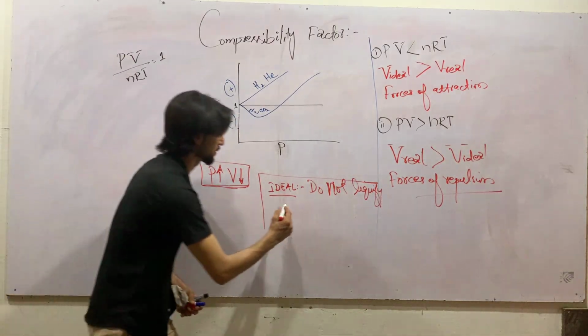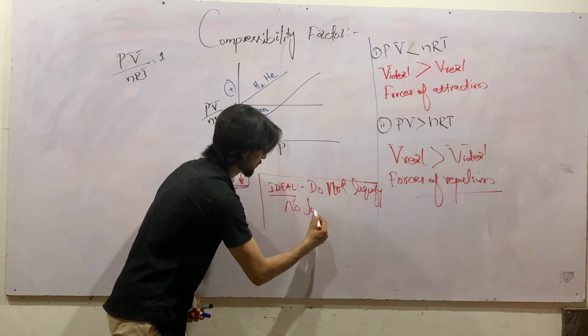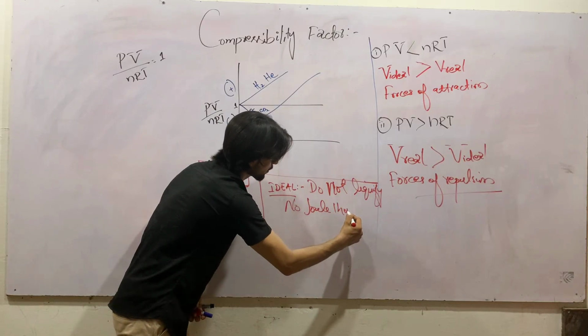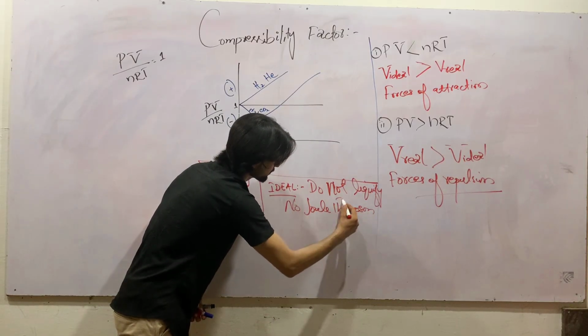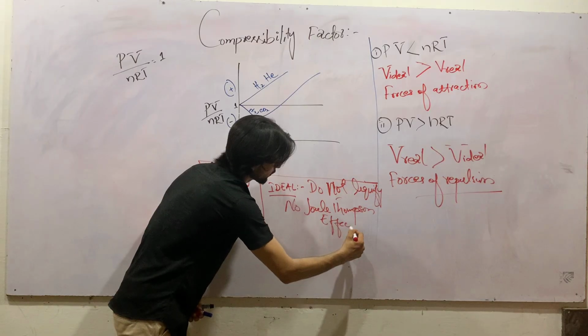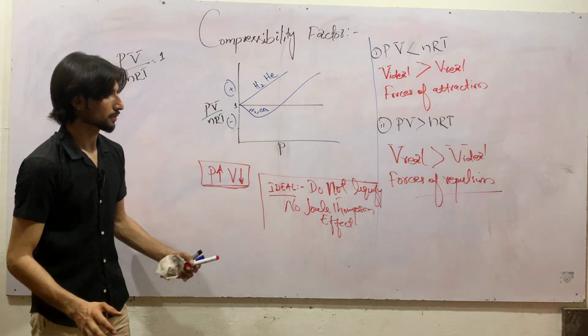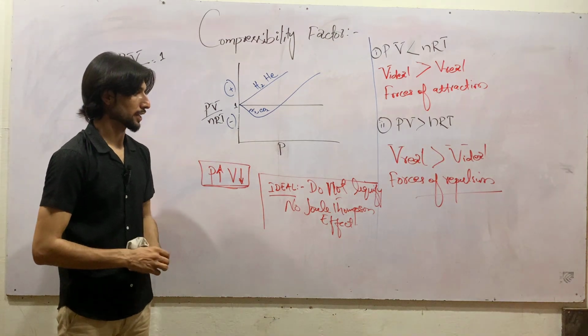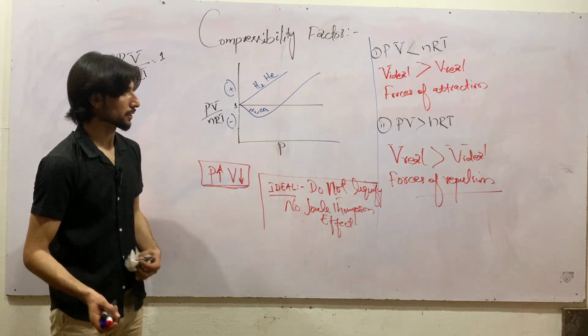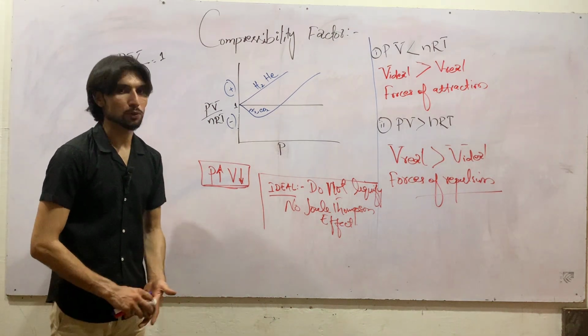So no Joule-Thomson effect for ideal gases. For ideal gases, you cannot liquefy them and you will not see any Joule-Thomson effect applying on them.